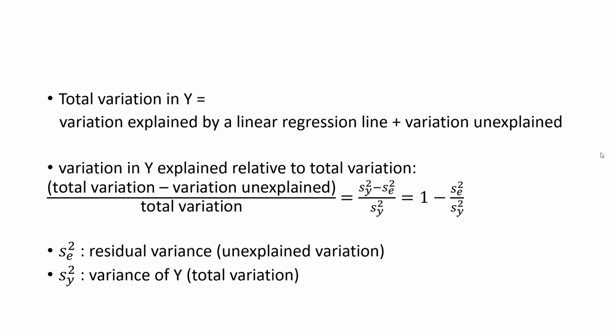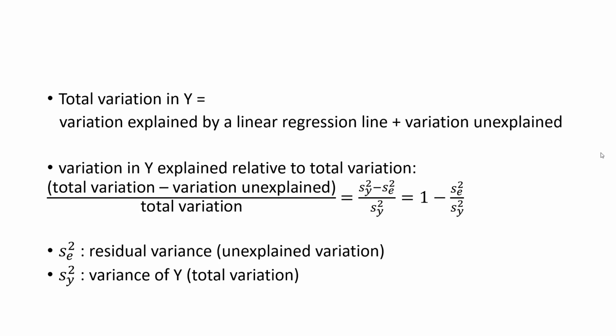When you fit your data with the linear regression line, the total variation of y, or the dependent variable, can be partitioned into two parts: the variation explained by the linear regression line and the variation that cannot be explained. Here is the equation to show this idea.